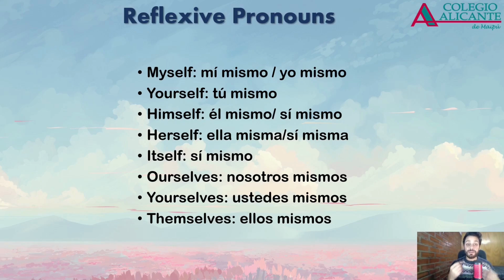Remember that the use of you can be singular and plural. So if I'm talking to you and you are alone with me, then I can use yourself to refer to you. But if I'm talking to you and a couple of your friends, I can say yourselves because it's a group of people.